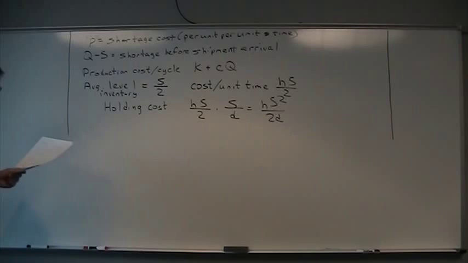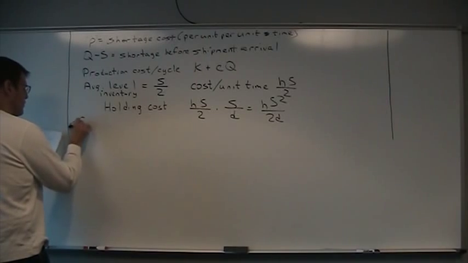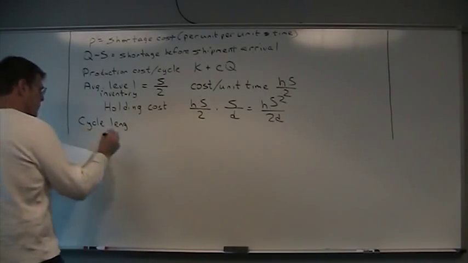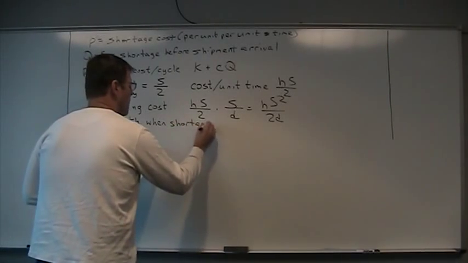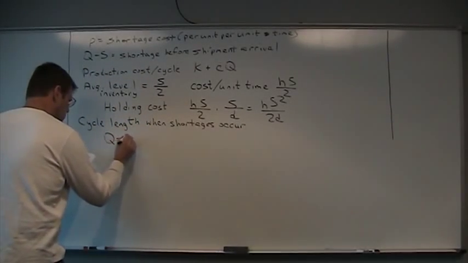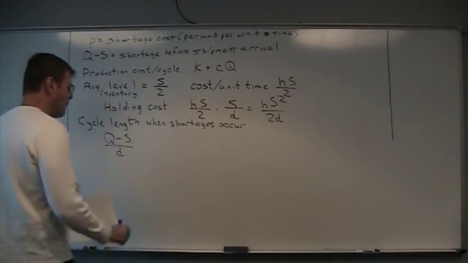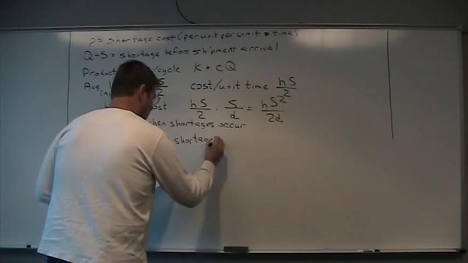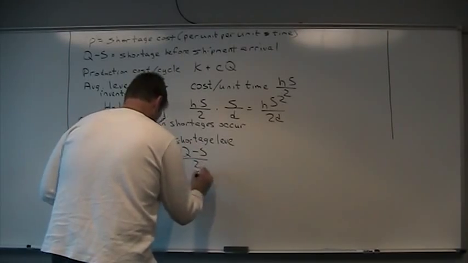For the shortage cost, the time during which we have shortages, so the cycle length when shortages occur, is going to be Q minus S over D. And so our average shortage level is going to be Q minus S over 2.